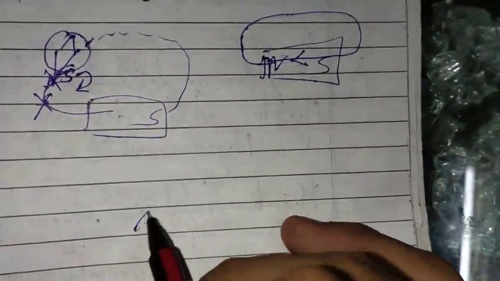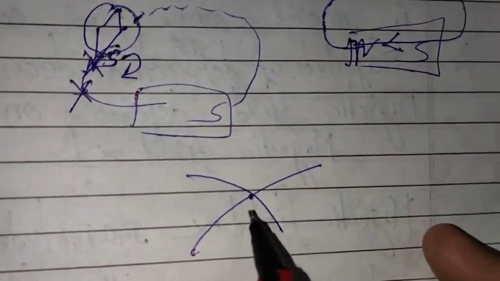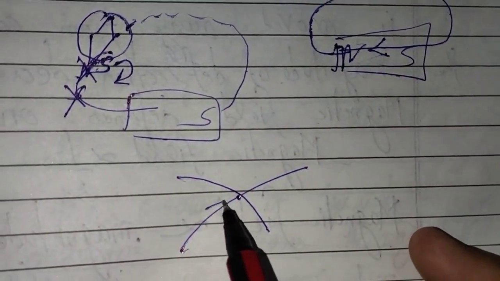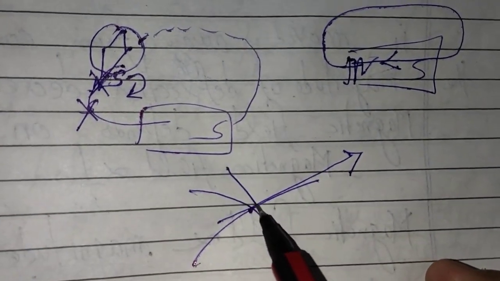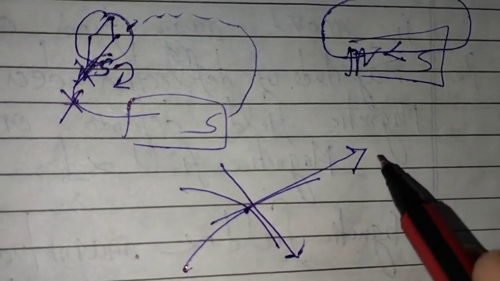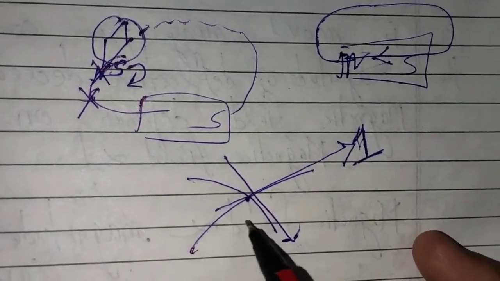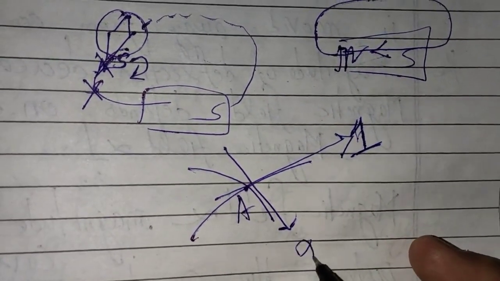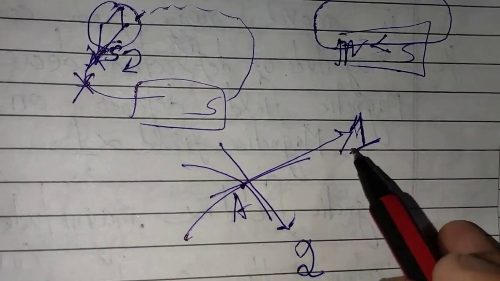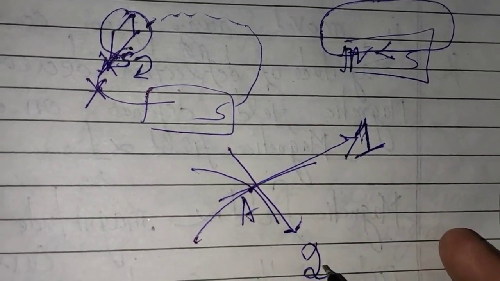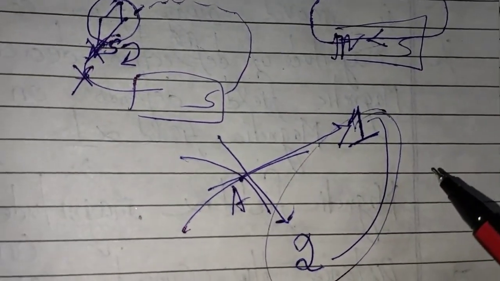But if two magnetic field lines cross, suppose they intersect at a point, there will be two directions of tangent. One direction of tangent is this, one direction of tangent is this. That means this is the first magnetic field direction at A, this is the second magnetic field direction at A. At one point only one direction of magnetic field is possible, but here two directions are coming, so it is not possible.